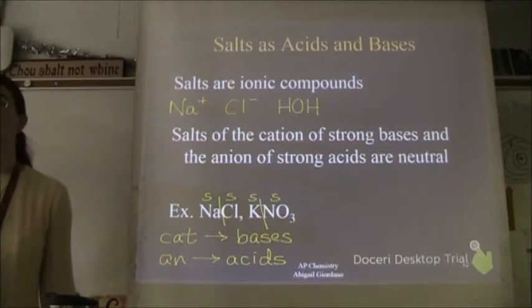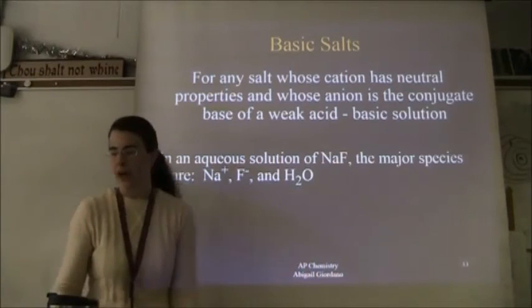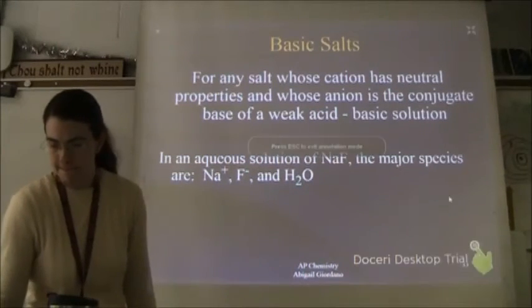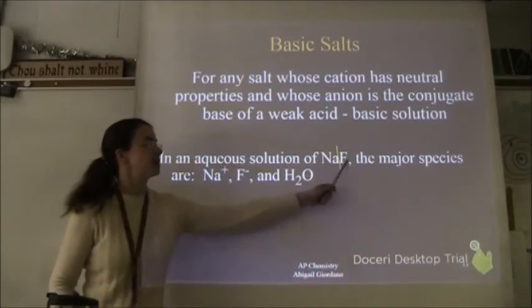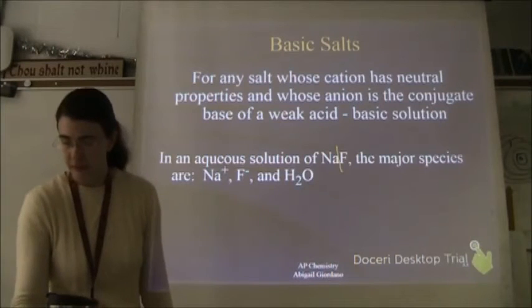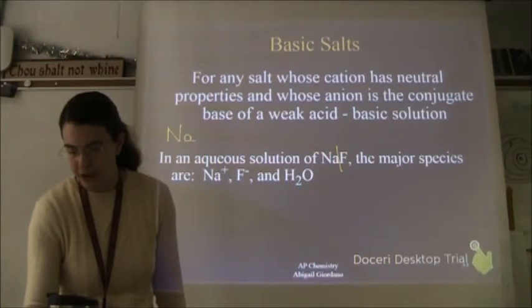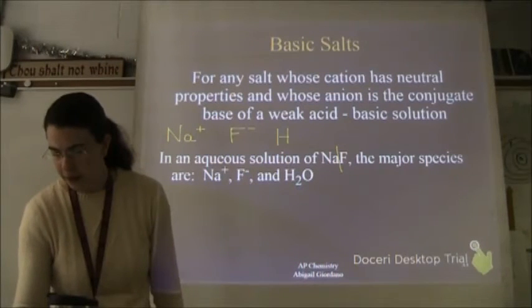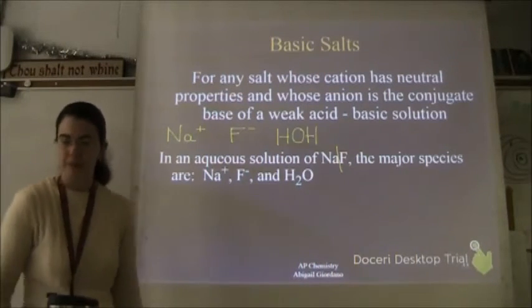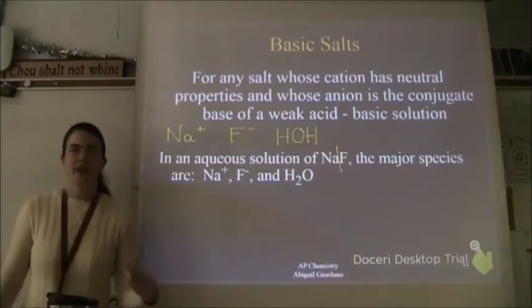What if it's not strong? We'll do sodium fluoride. Okay? Again, just because it's my habit, I like to separate the salt. All right, here are my major species. Na+, F-, and water. Okay? So let's go through that thought process.